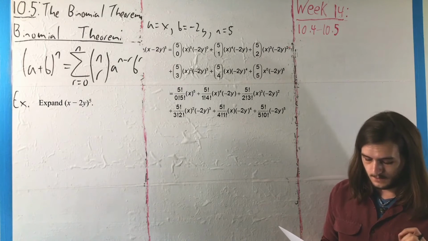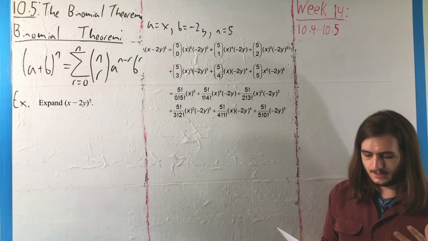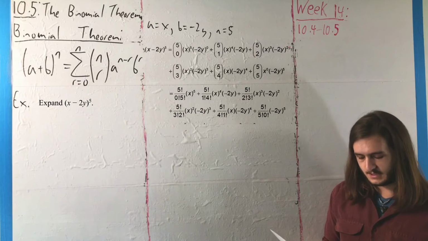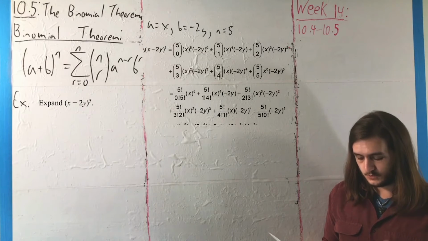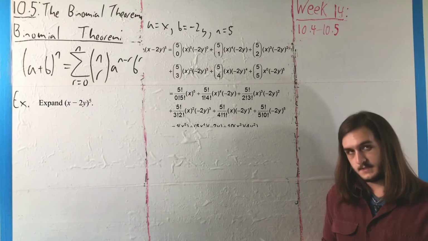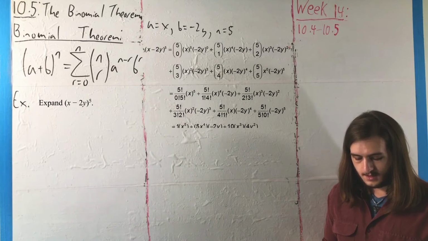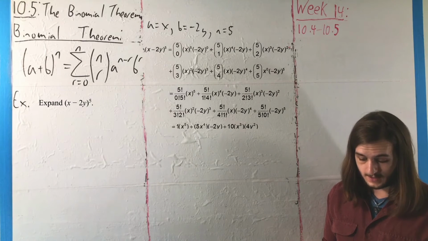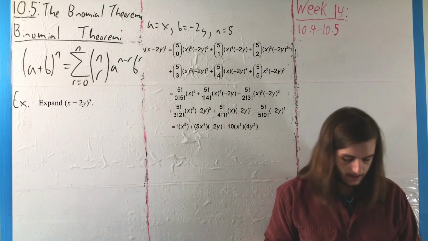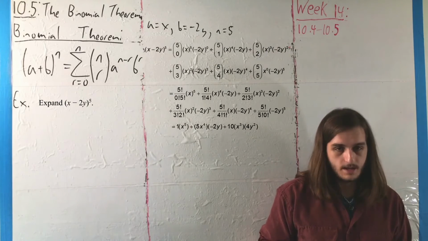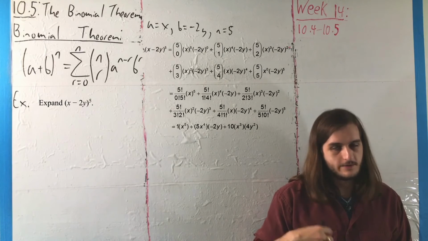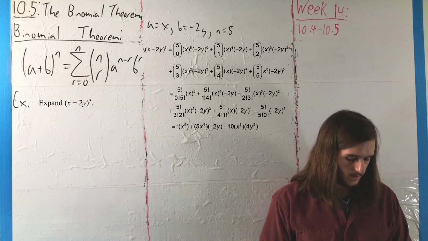And then from there, you can multiply those out, where that 5 choose 0 is equal to 1 times x to the fifth. 5 choose 1 ends up being equal to 5, so we have 5x to the fourth times negative 2y. Then in our third term, that 5 choose 2 is going to end up being a 10, so we'll get 10x cubed times 4y squared, because if you square the negative 2y, the negative 2 becomes positive 4, and we square the y.